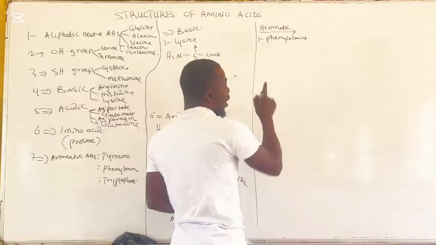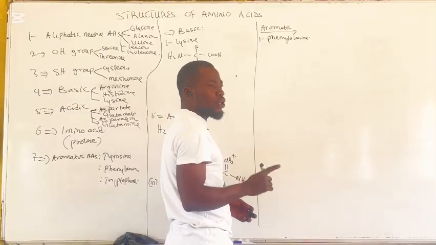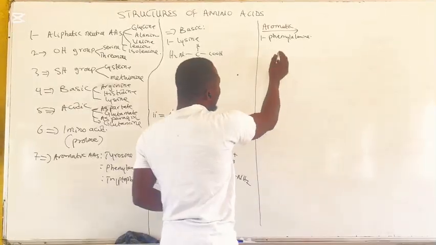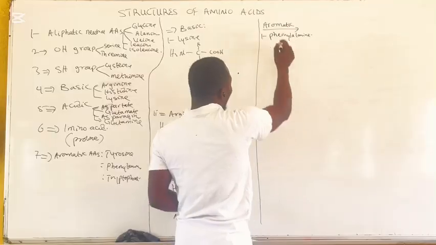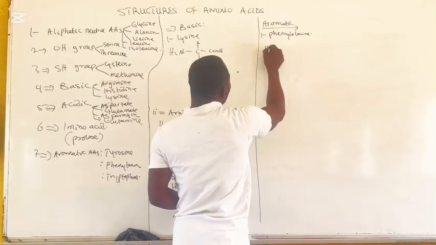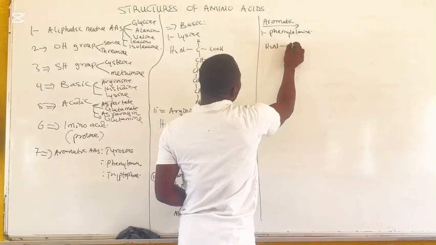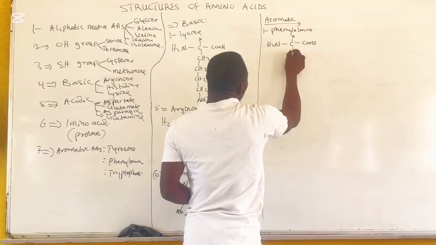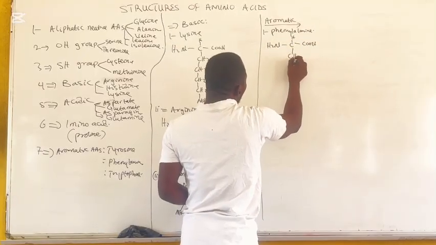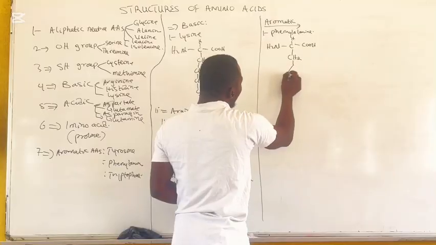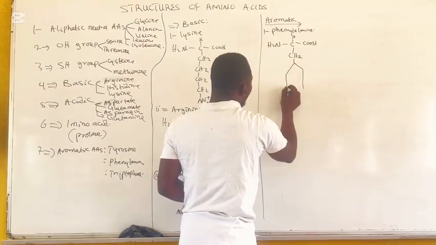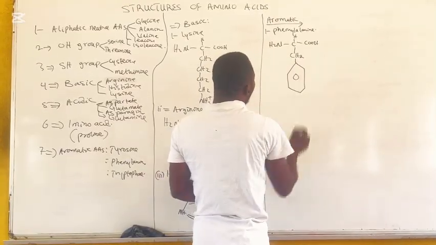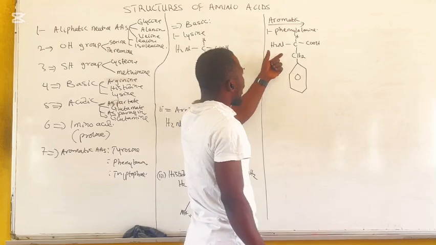So in the methyl group of alanine, one hydrogen will be substituted with a benzene ring. That is the difference between phenylalanine and alanine. So the structure of alanine is, then with addition of benzene ring. So this is the structure of phenylalanine.